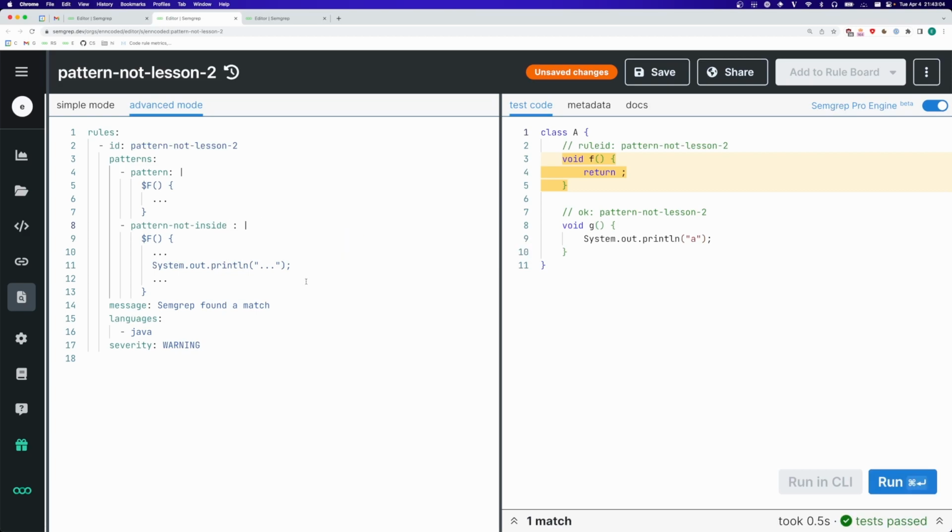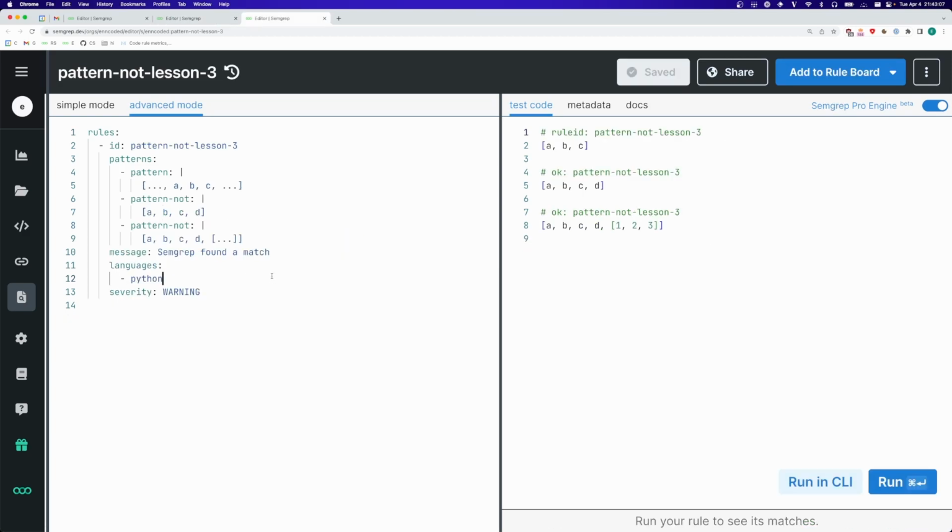It still works. Here is another example. Here we have a pattern that matches a list that contains ABC somewhere inside. Here we have a pattern not, which removes findings for lists that are ABCD. And here we have another pattern not that removes findings for lists that are ABCD, and then contains an inner sublist.